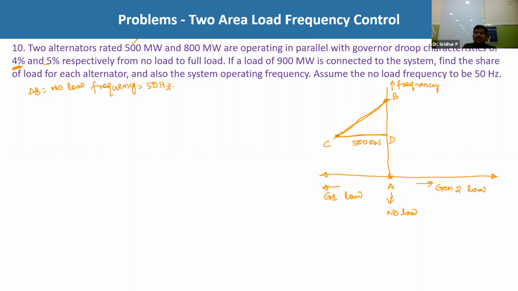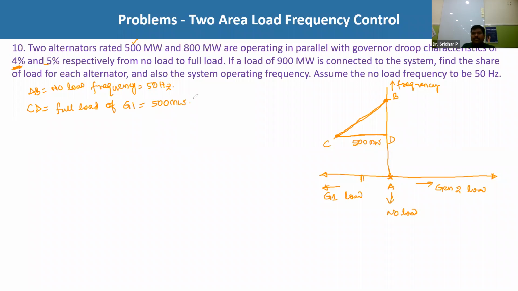So BC is the 4% negative slope, and CD, drawn parallel to the x-axis, always represents the load only. So CD is the full load of generator 1, which is the 500 megawatts.